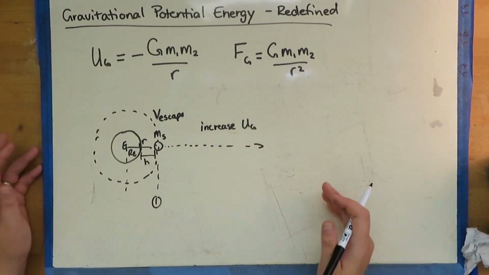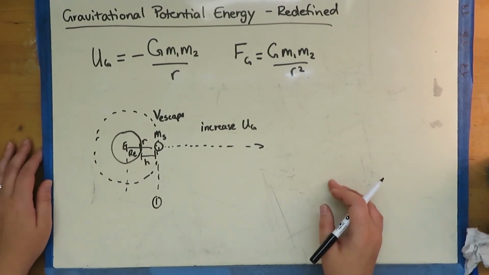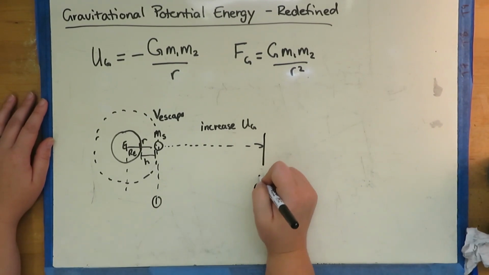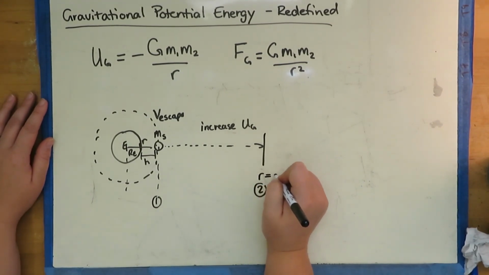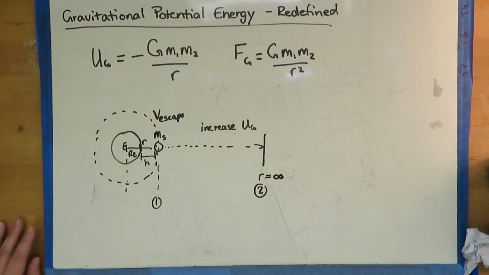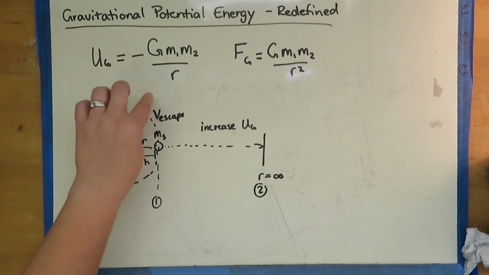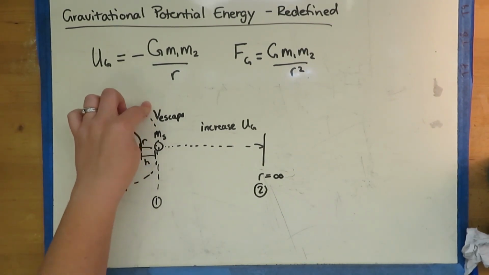Well, where do I have to go to escape Earth's gravity? I have to go to a second position that is a radius infinitely far away. When I want to escape, there are lots of speeds that I can use to escape the gravitational force.